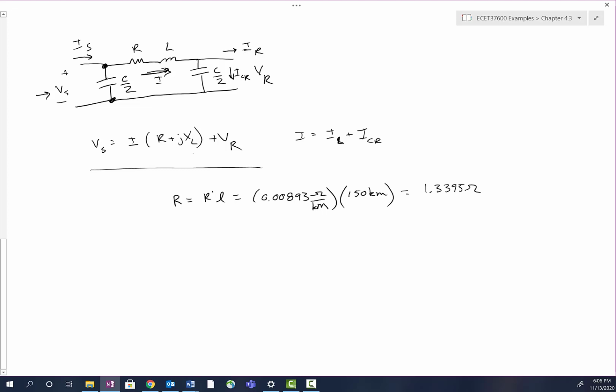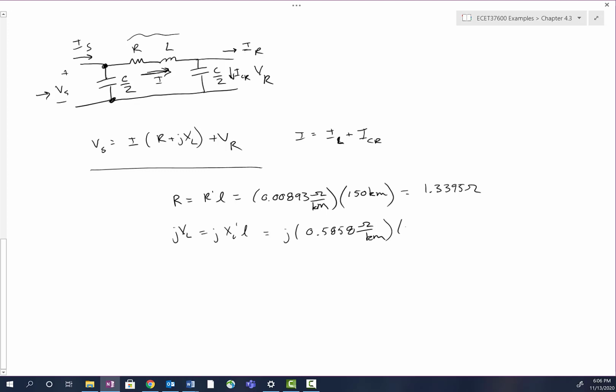This is R plus J X sub L for this segment right here, so I want to calculate J X sub L next. That's J times X sub L prime times L. I was told that this line had a distributed series inductive reactance of 0.5858 ohms per kilometer.